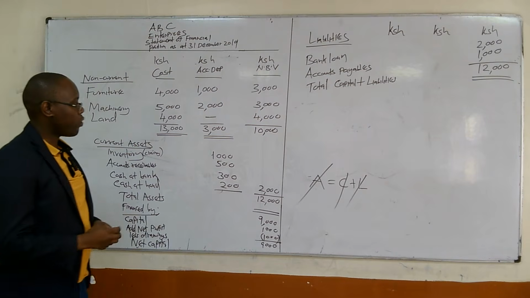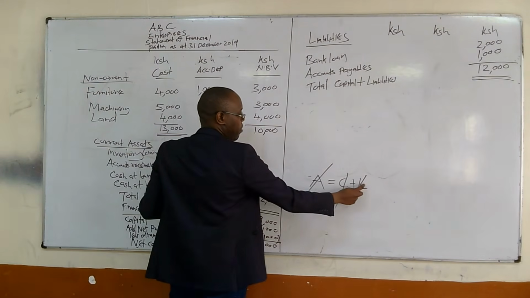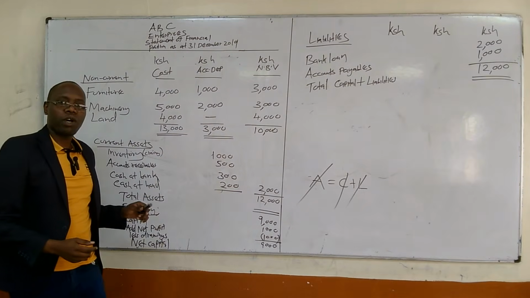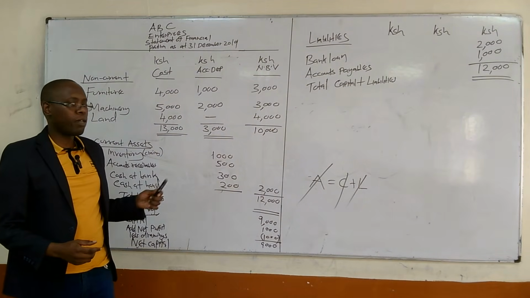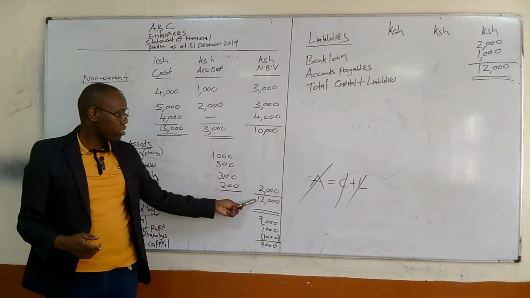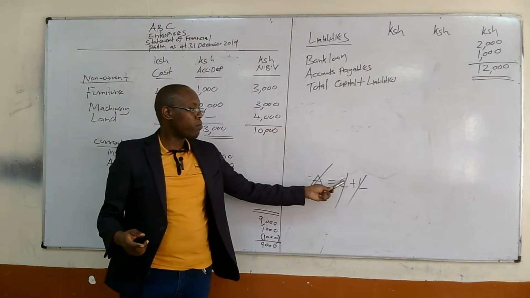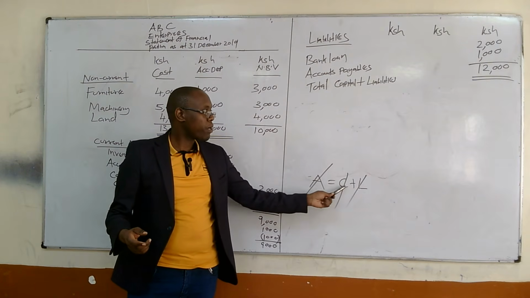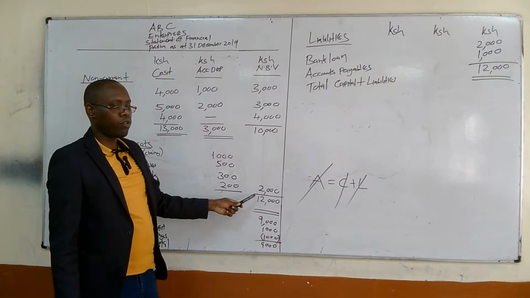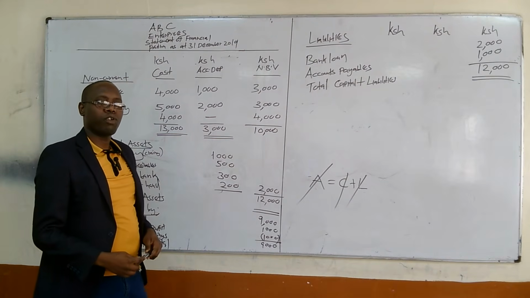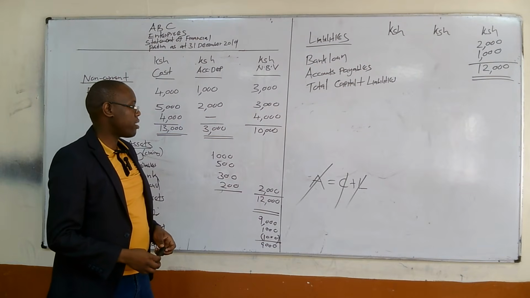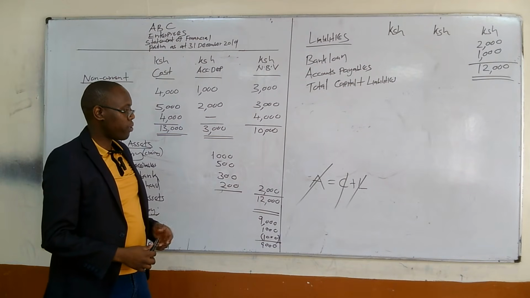You can see that the total capital plus liabilities should be equal to the assets. That's why when you say the balance sheet has balanced, the total assets you see here should be equal to capital plus liabilities. The 12,000 we have added there should be equal to the 12,000 you can see here.